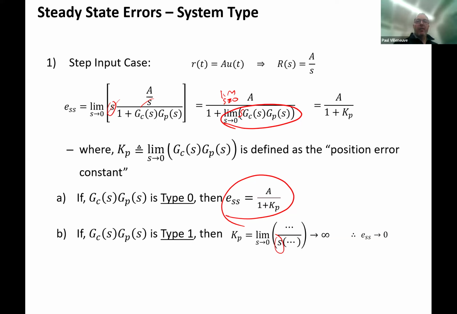So, whoops, it's 1 over s, sorry. I know I'm going to have an s in the denominator because that's what the characteristic equation is. And when I take the limit of that as s approaches 0, doesn't the 0 in the denominator mean that this whole expression goes to infinity?